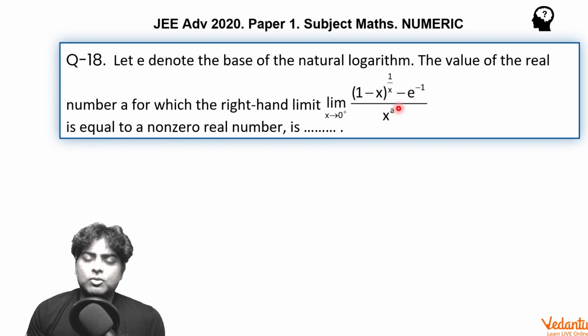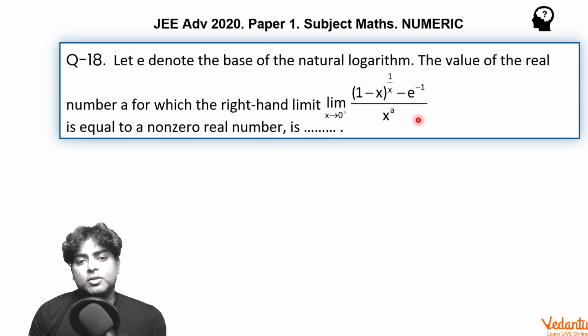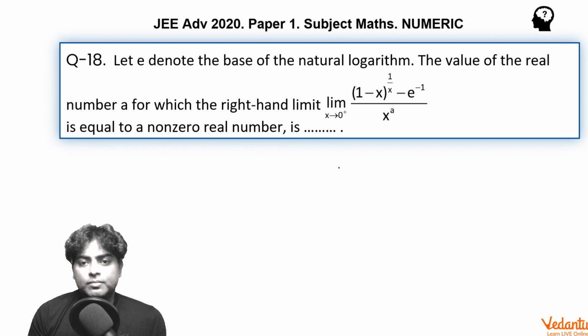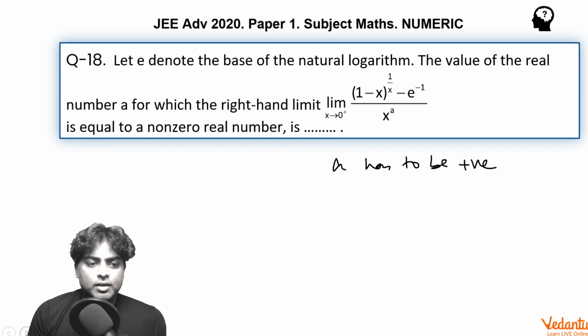Right? 0 upon 1 in that case. In order to ensure this limit to be a non-zero real number, a has to be positive, that is to be sure. So here we can say that a has to be positive. Right.